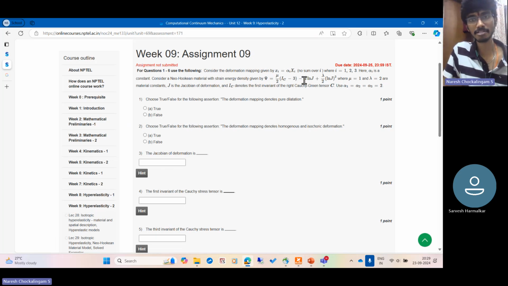So neo-Hookean basically means you have a lambda and mu, and here the lambda is multiplying logarithm of J the whole square. As J tends to 1, this term will vanish. If there is an isochoric deformation, the strain energy comes only from the first term. The second two terms will not contribute under isochoric deformation.